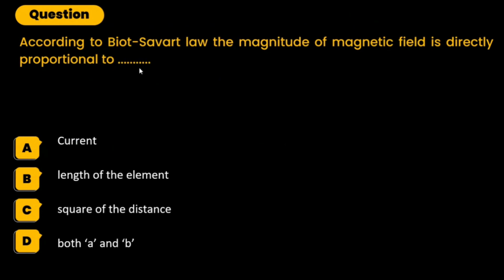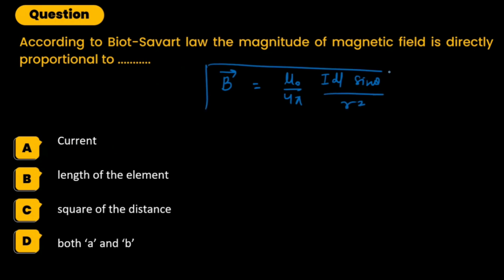Next, according to the Biot-Savart law, the magnitude of magnetic field is directly proportional to what? We just saw it. To the current. Only current. This was the relation.